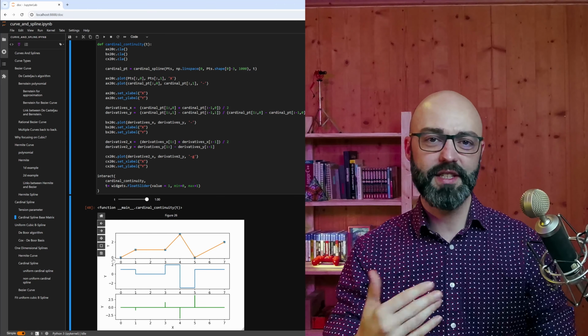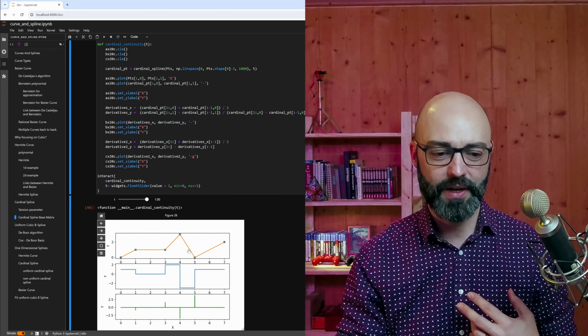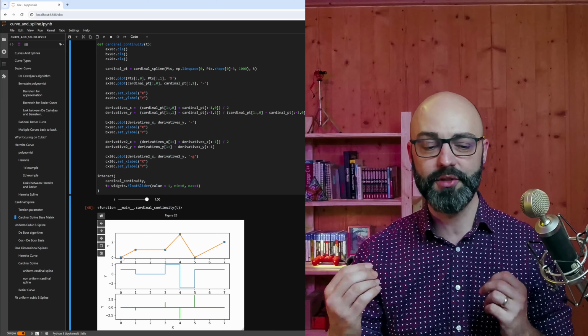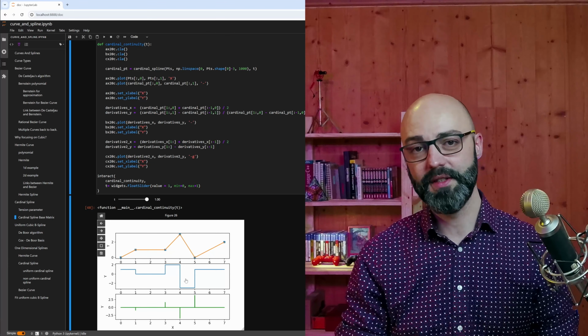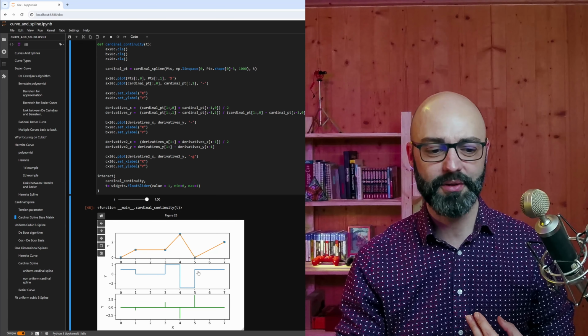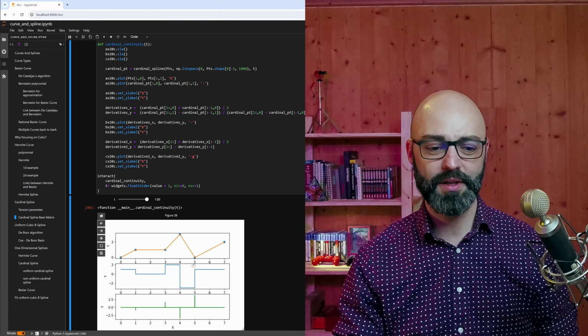So at C0, the function itself is continuous. You can see that with a hard tension, the C1, my first derivative, is completely discontinuous. And it's said that at best you can have C1 continuity.